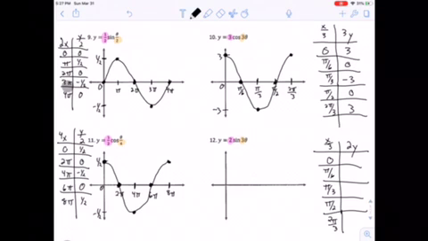Now double the y's, it's sine, so we start at 0. 0 times 2 is 0, 1 times 2 is 2, 0 times 2 is 0. Negative 1 times 2 is negative 2, and 0 times 2 is 0.